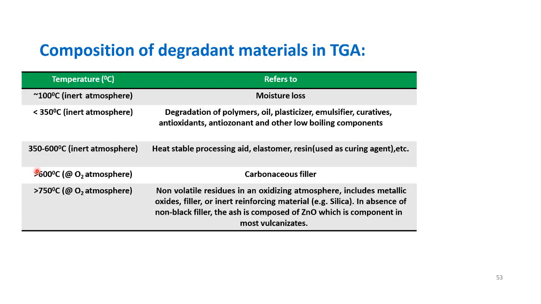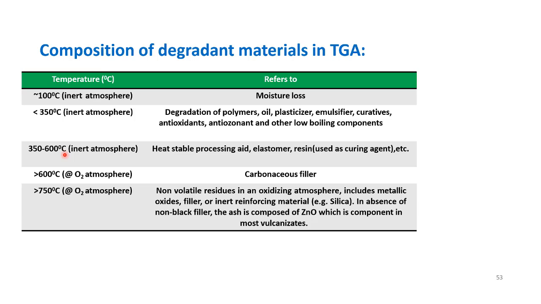As I told, initially the moisture loss will happen, in the inert atmosphere at around 100 degrees Celsius. Then the degradation of polymer will occur, or oil or plasticizer, and other antioxidants. This can be degraded around 350 degrees Celsius. Then there is a phase where heat stable processing aids, elastomer or resin will go, in the range around 350 to 600 degrees Celsius, in inert atmosphere.